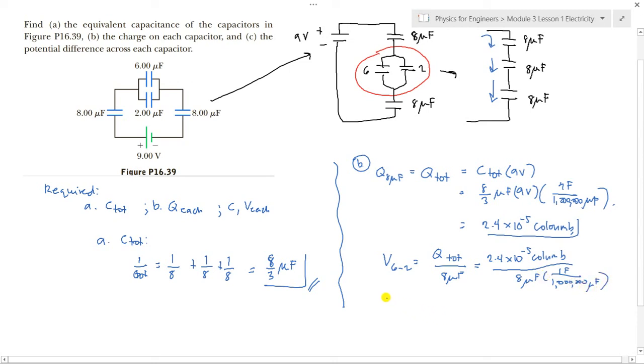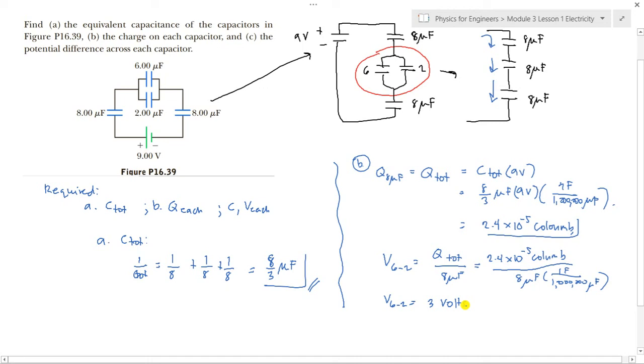So here we now have the voltage on 6 and 2, which is 2.4 times 10 to the power of negative 5 divided by 8 times 10 to the power of negative 6. So the answer would be 3. So the voltage on 6 and 2 is 3 volts.